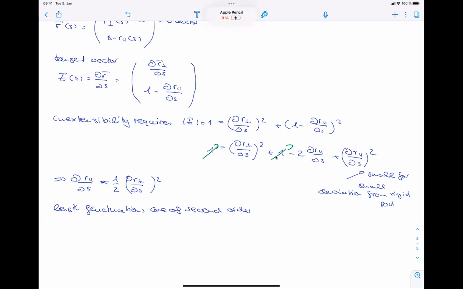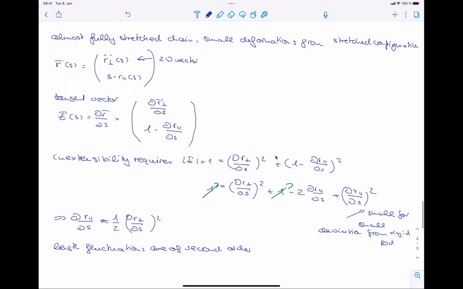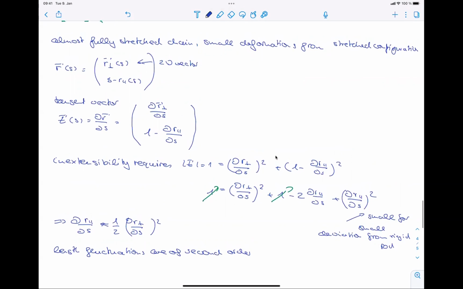In bending undulations. And so when we then go back and calculate the Hamiltonian, which is the spatial derivative of the tangents, right? We can put both terms together again.